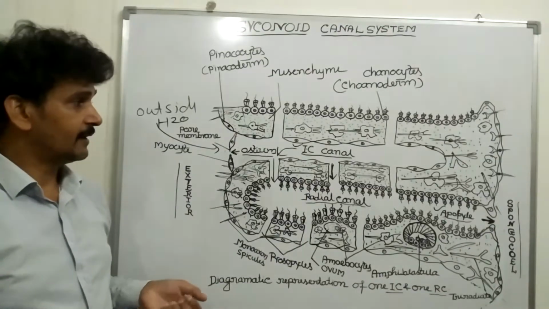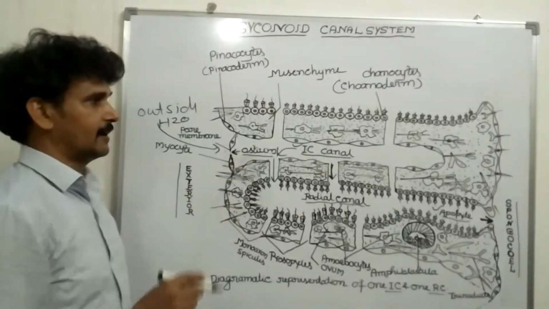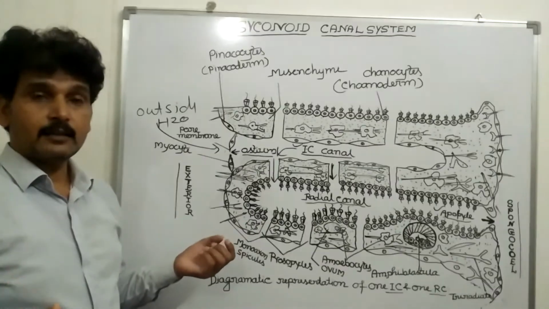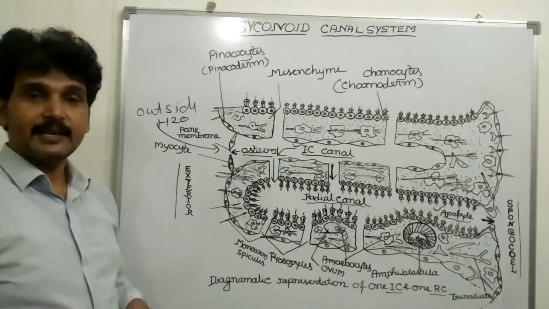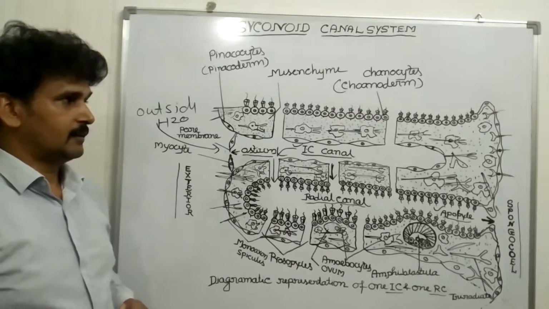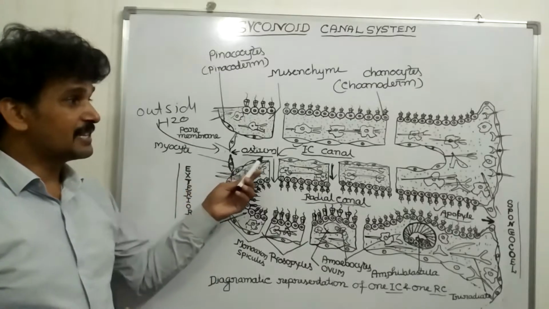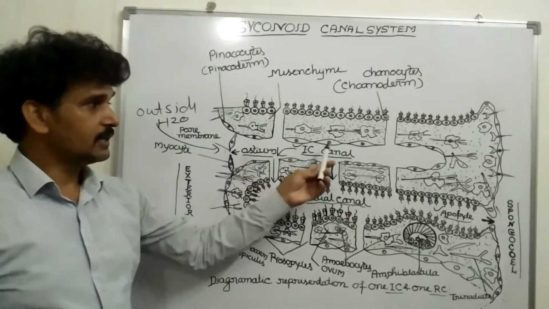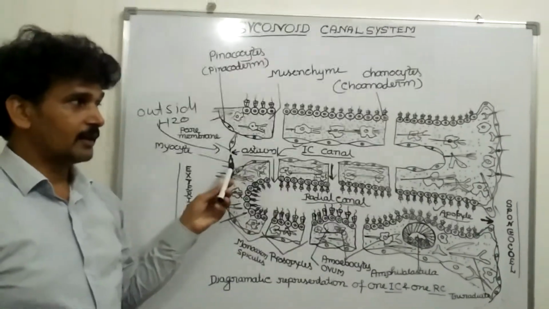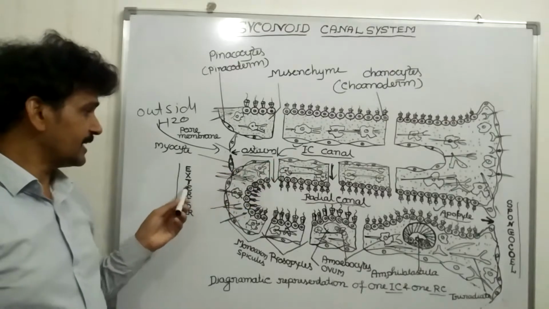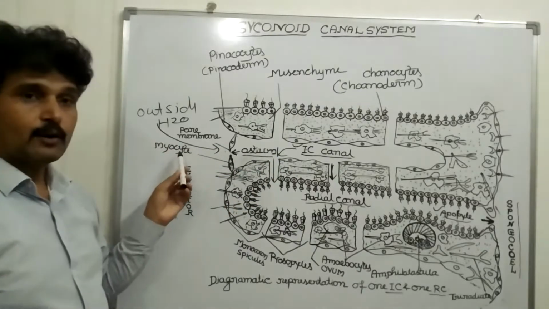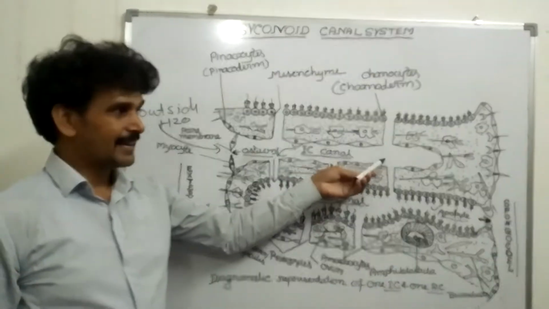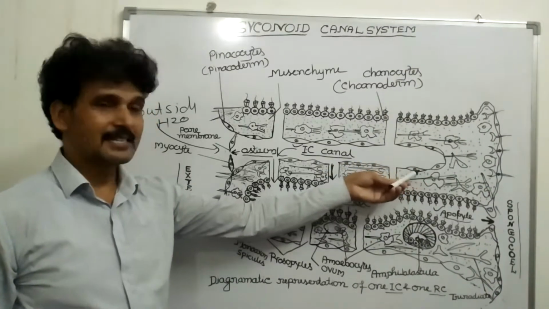And next heading, that is the in-current canal. The in-current canal is also known as the inhalent canal. This is the invaginated body fold that opens to the exterior and is closed at its interior side.